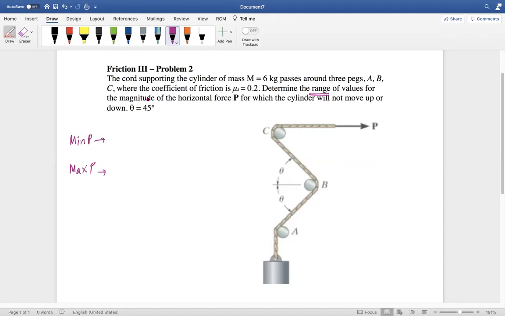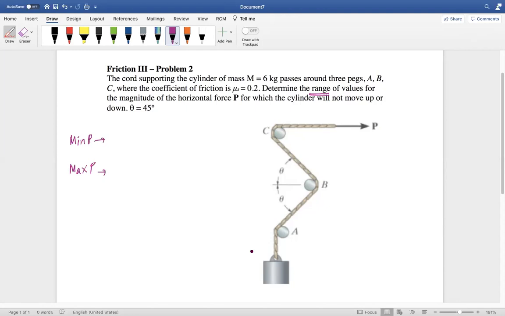If you do the calculations right, the range will be correct, but they want to see why you chose T1 and T2, because it's so easy to just plug in those numbers, flip them and say, hey, I know the mechanics, but they want to see that you know the mechanics. Okay, got it. So you'll get the range correct. You just need to make sure you're justifying why T1 is what it is.